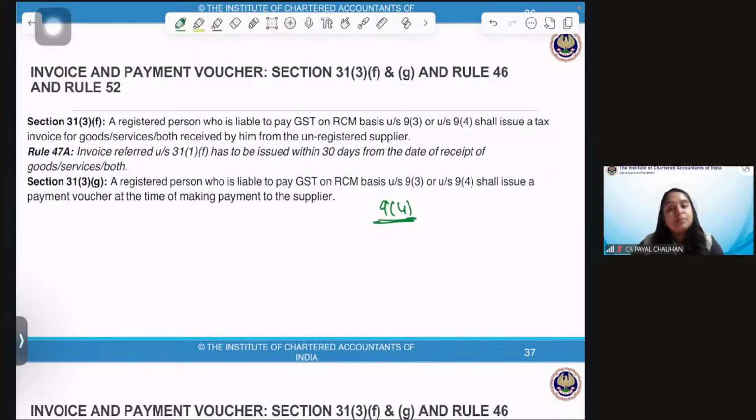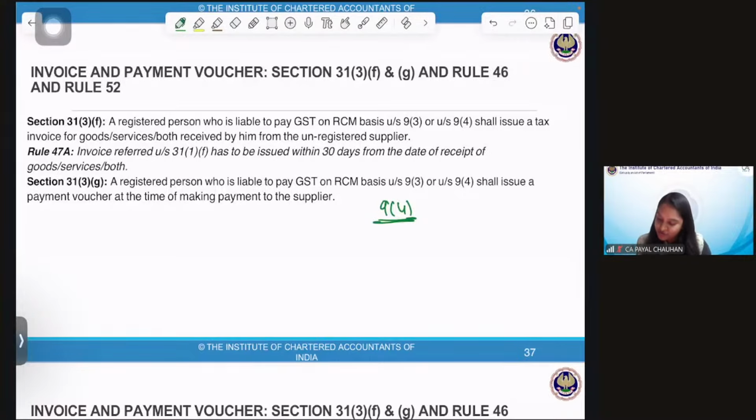These people buy the goods or services, then they have to take it from a registered person only. However, there is a provision, maximum 20% could be taken from an unregistered person. But if it exceeds 20%, then the developer needs to pay tax under RCM. This was the provision. Now tell me, in case of 9(4), is the invoice issued?